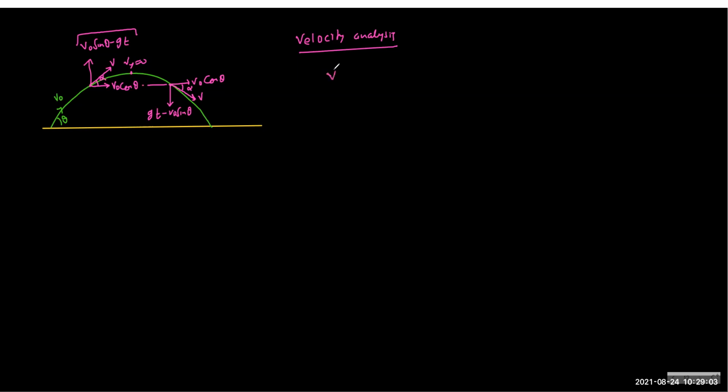As I said, we write the velocity vector as Vx i cap plus Vy j cap. That's the traditional way. Then just substitute the formula. It's v naught cos theta i cap, because there is no acceleration horizontally, plus v naught sin theta minus gt j cap.